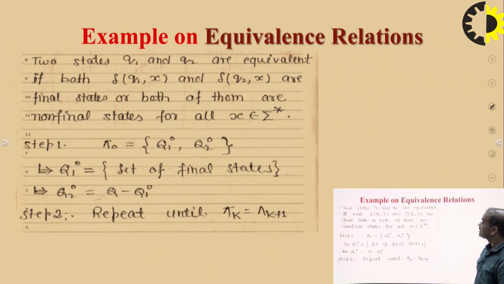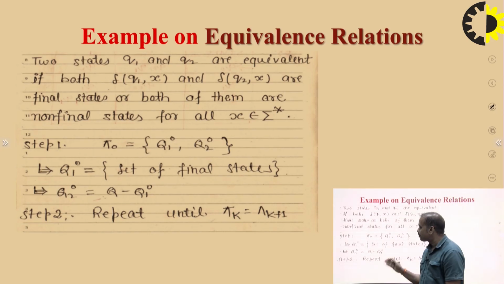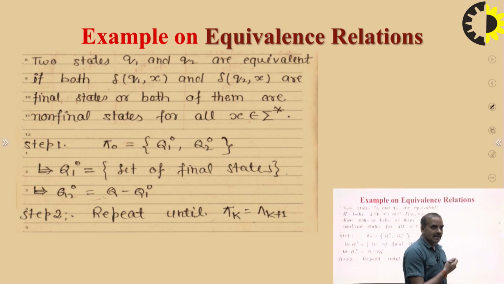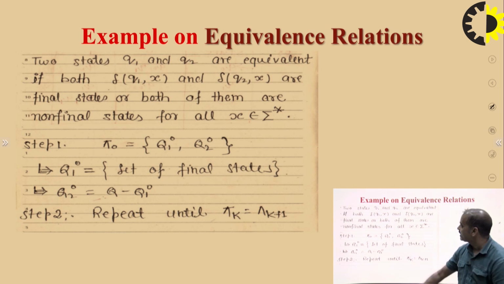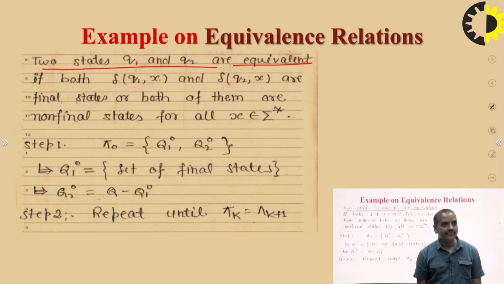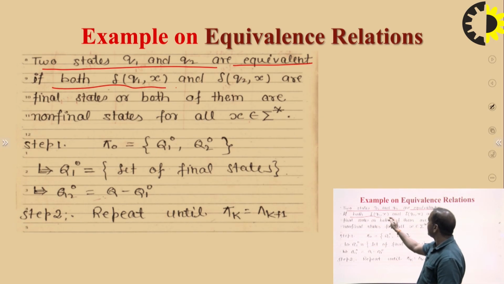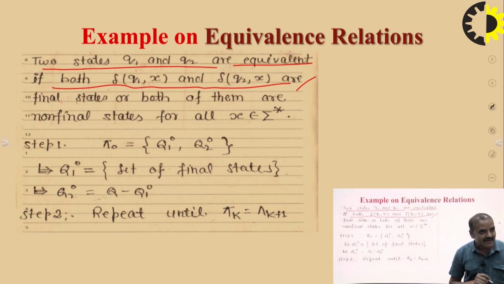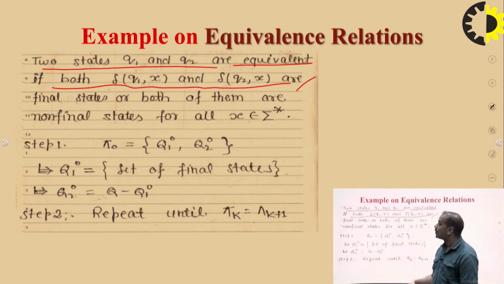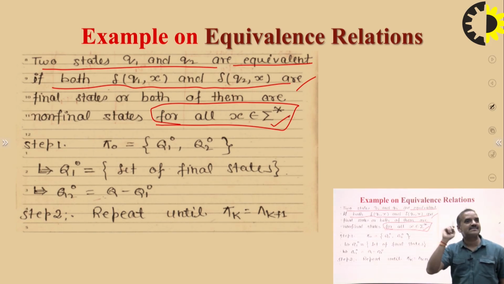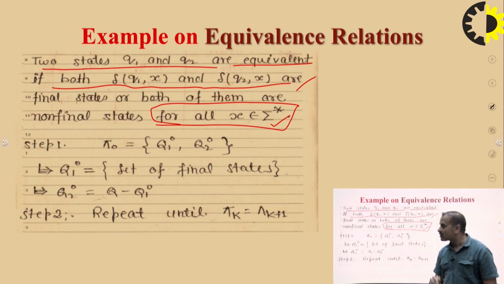the equivalence relation. This is the theorem which explains how we combine the given states into a single state. We have two states Q1 and Q2. Two states Q1 and Q2 are equivalent if both delta(Q1, x) and delta(Q2, x) are final states, or both of them are non-final states, for all x belonging to sigma star. We want to combine Q1 and Q2.